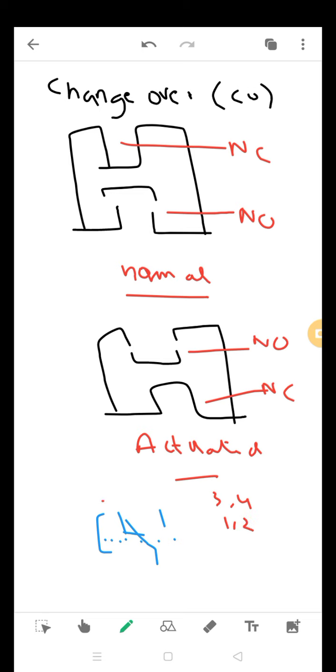So in the first case, since it was a closed position, we represented it by 2 and 1, whereas as the changeover occurred, it is an open position, so 4. So this is the changeover push button switch.